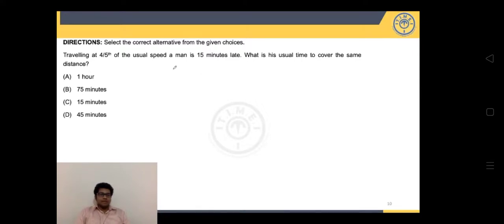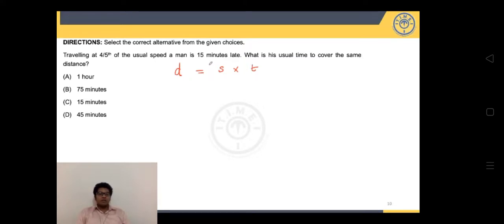Okay, let's see. As I said, we have only one formula: distance equals speed into time, right? Now, the actual distance is d, the actual speed is s, and the actual time is t. So d in kilometers, speed s in kilometers per hour, and time in hours.